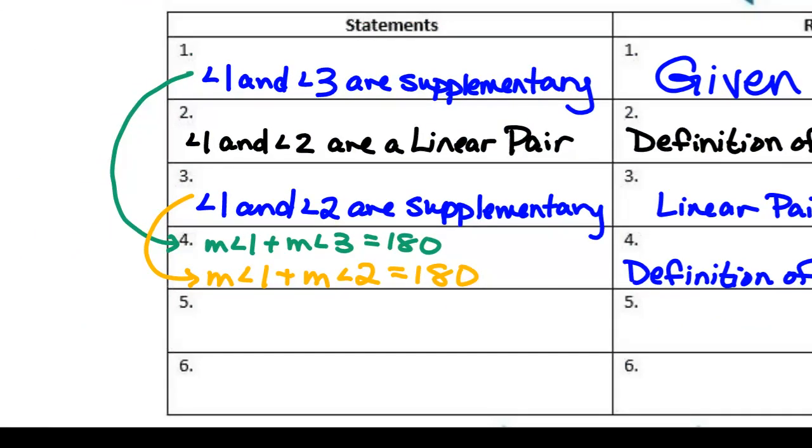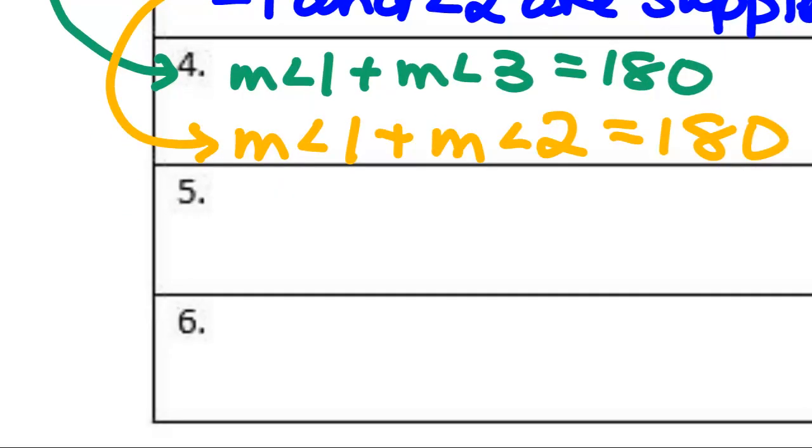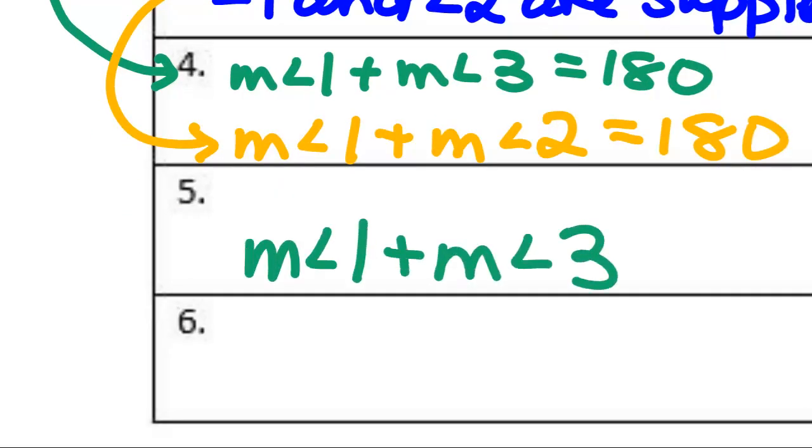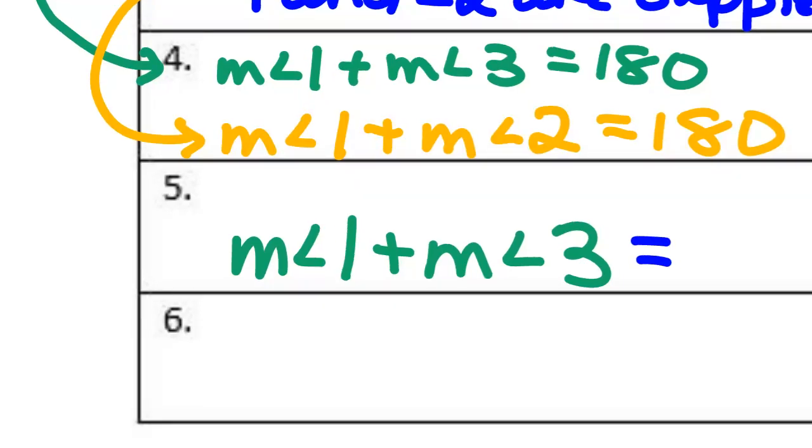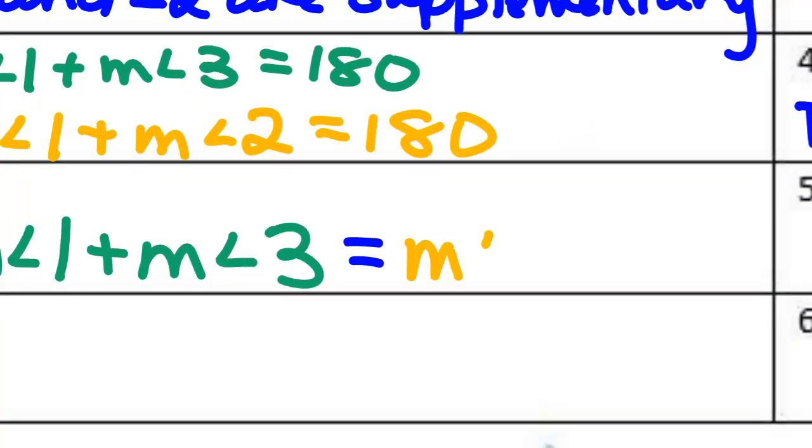If I have two different things that are equal to 180, can I say that they are equal to each other? X is equal to 180, y is equal to 180, so is x equal to y? Yes. Measurement of angle 1 plus the measurement of angle 3 would be equal to measurement of angle 1 plus the measurement of angle 2.